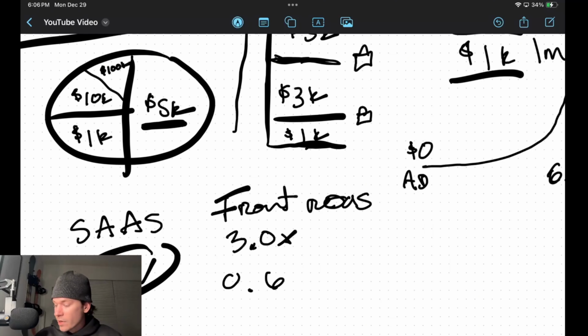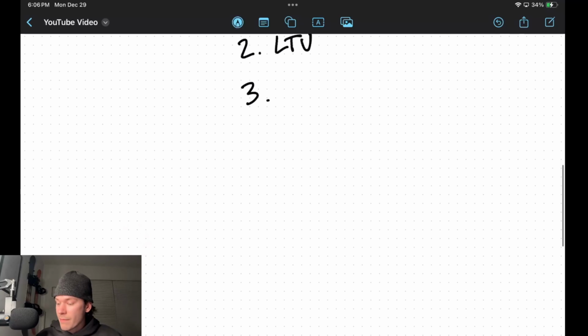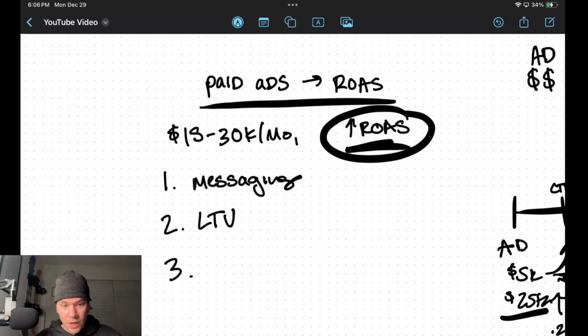Right? You're not even break even on the front end. But because they know that the LTV will come out to like a 6.0, they're willing to spend a ton in the beginning. And so that's another way to really maximize your chances of having a high return on your ad spend, is understanding your LTV.